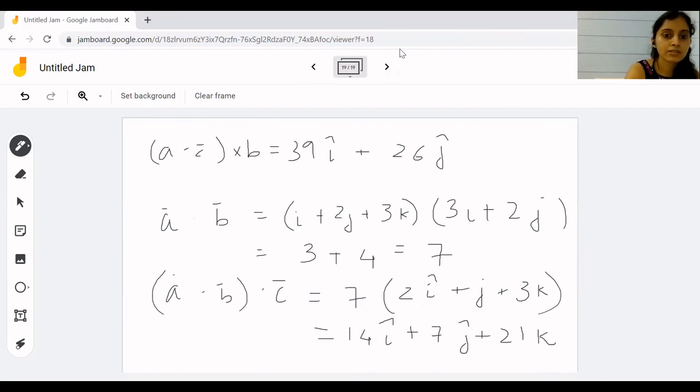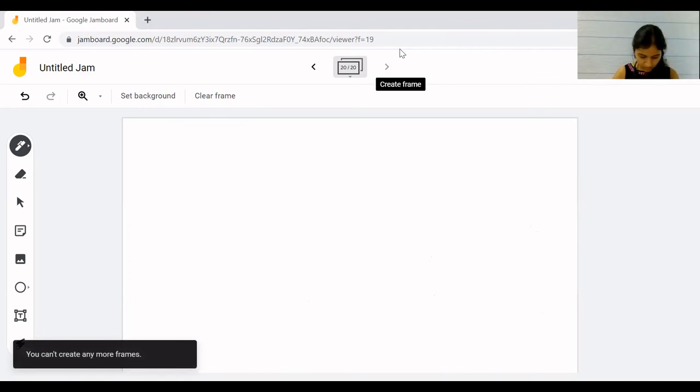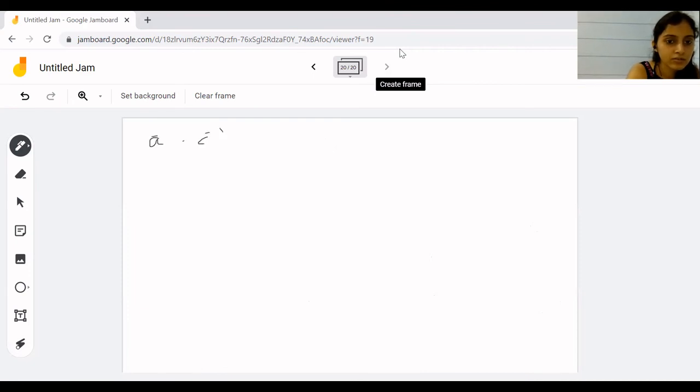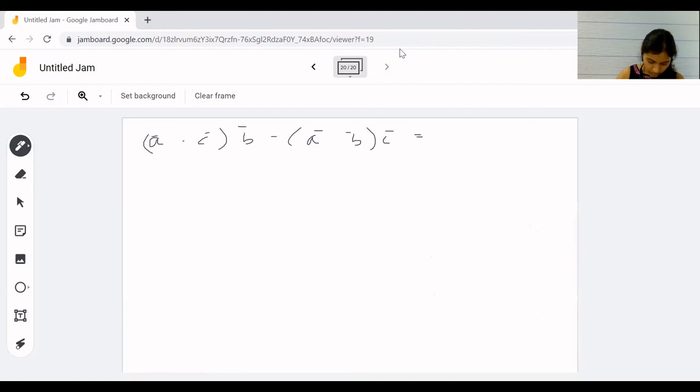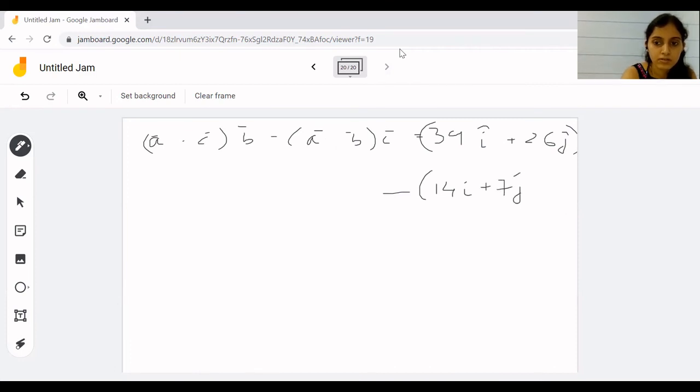Now what is the right hand side exactly? It is a bar dot c bar into b bar minus a bar dot b bar into c bar, which is equal to 39i plus 26j minus 14i plus 7j plus 21k.